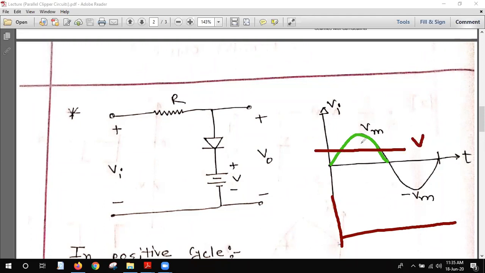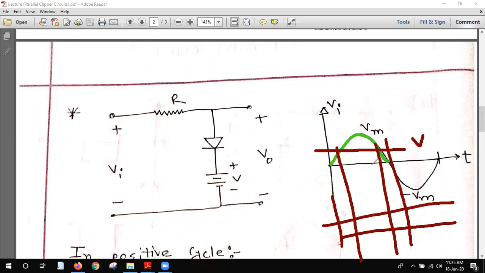I told you that this portion is reverse biased, and when it is reverse bias, the output will follow the input. The input is something like this, and the output will also be the same, something like this.